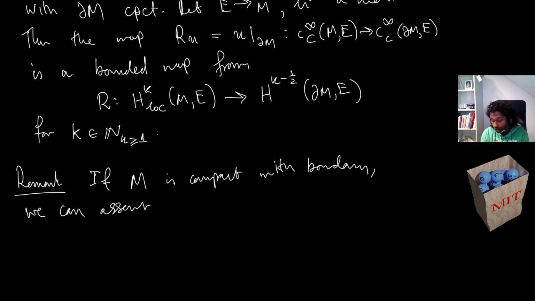Of course, the H^alpha_0 spaces are not of any consequence to us because they are exactly the spaces of maps that are going to be 0 on the boundary.